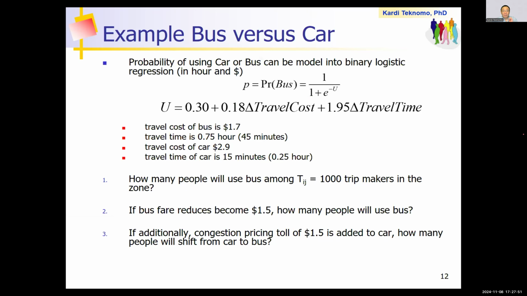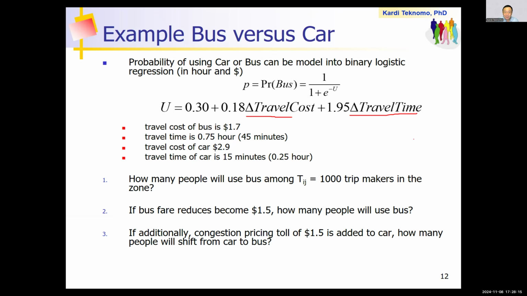This is an example. Let's say you have only 2 modes, either car or bus, and we use only the binary logistic model. We have only 2 variables here, which are travel cost and travel time. But this is not the usual travel cost and travel time.